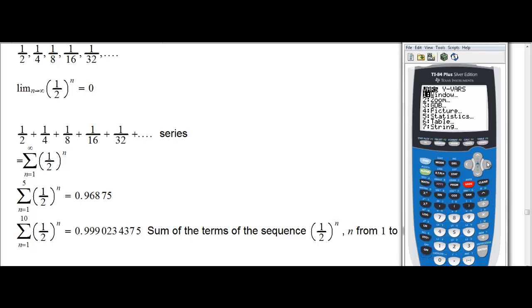So vars, Y vars. Say this is my sequence, comma, and instead of n, I got x here, right? Then I'll say add it from 1 to 10, and let's see if it gives us the same value. So what do we get? Yes, we do get the same value, right?